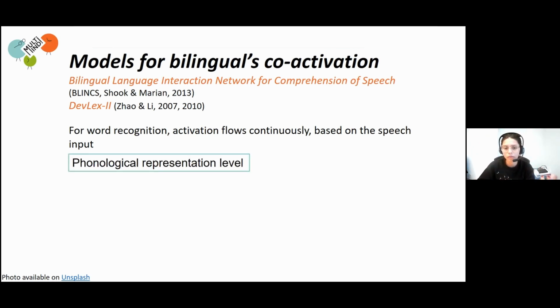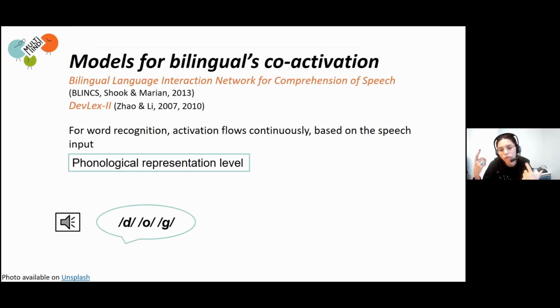When I am talking about phonological information, I'm talking about how words sound, and it's related to the phonological features or the phonemes that compose the words. For example, upon hearing the word "dog", the phonemes that compose this word are activated in this level of phonological representation.